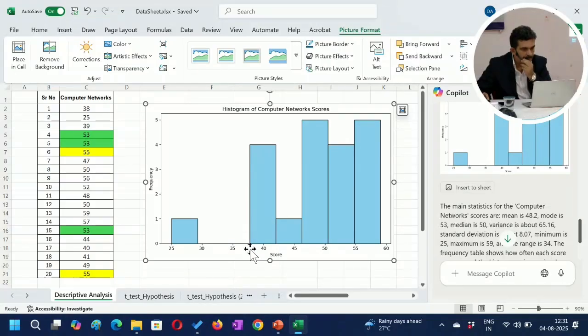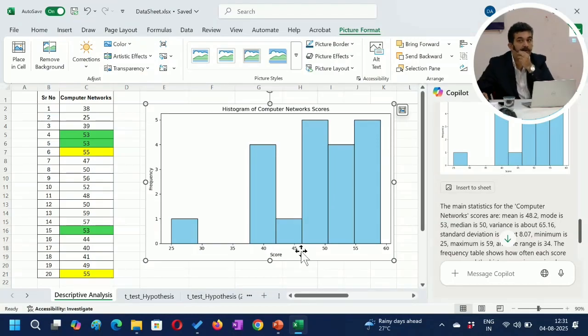Between 42 and 46, there is only 1 value. Between 46 and 50, there are 5 values, right?